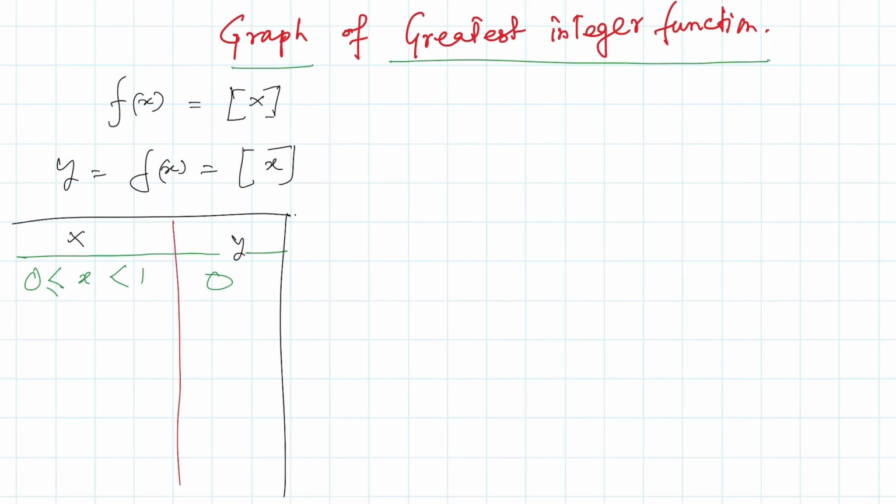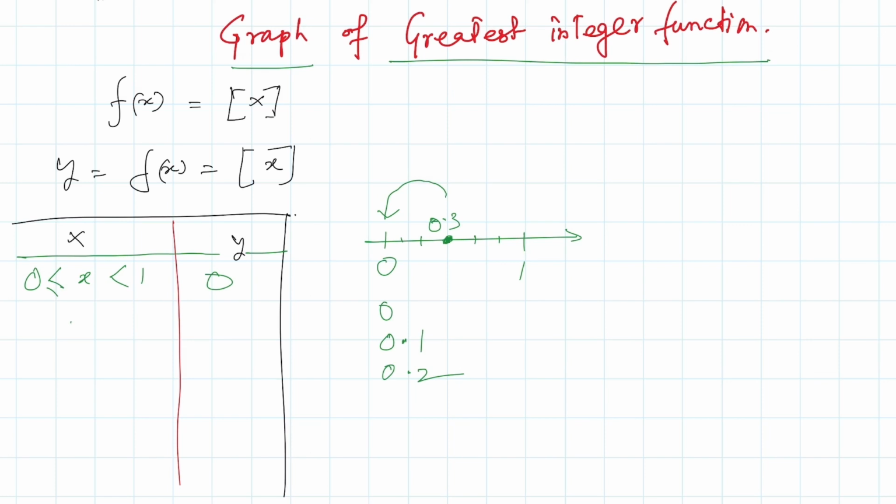Greater than or equal to 0 and less than 1 means it may be 0, 0.1, 0.2. On the real number line, this is 0, this is 1, and here are 0.1, 0.2, 0.3, 0.4, 0.5. Suppose we have a number 0.3. The greatest integer on the left of this number is 0, that's why its value is 0.